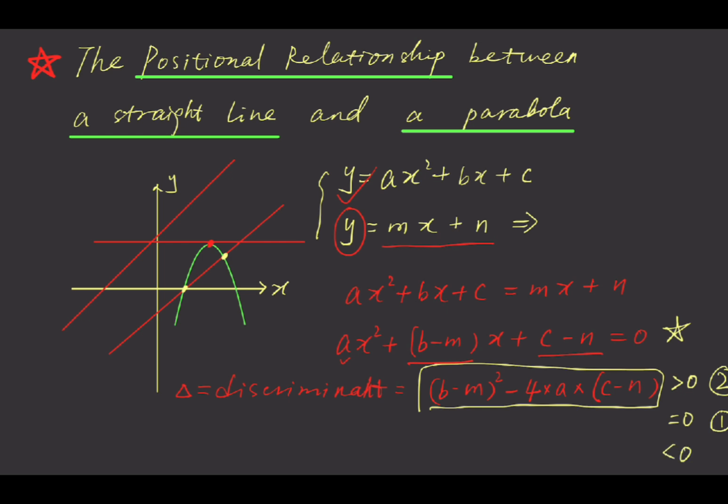If this discriminant is less than 0, this equation should have 0 roots. Okay, so this is the demonstration from the graph and from the algebraic perspective.